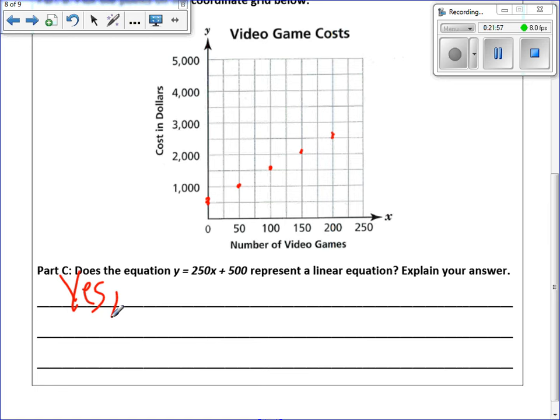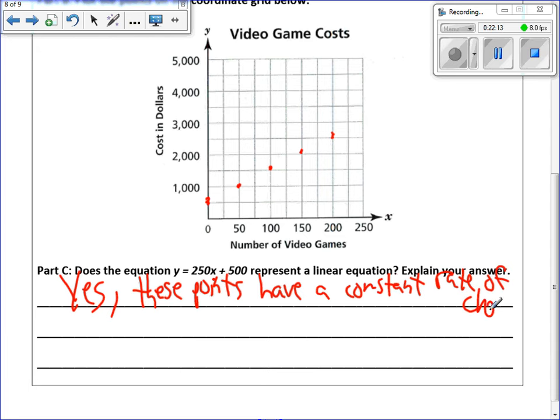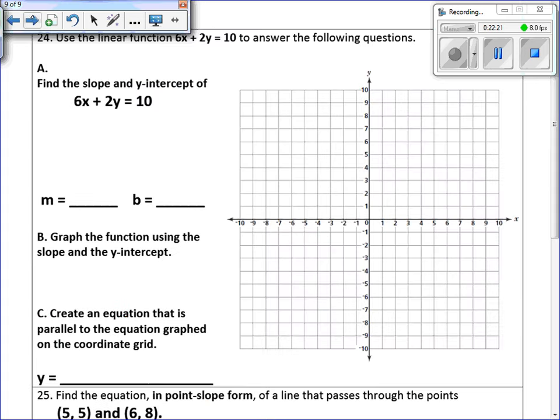So yes, these points have a constant slope or a constant rate of change. Or the equation is in y equals mx plus b form. That would be fine also.